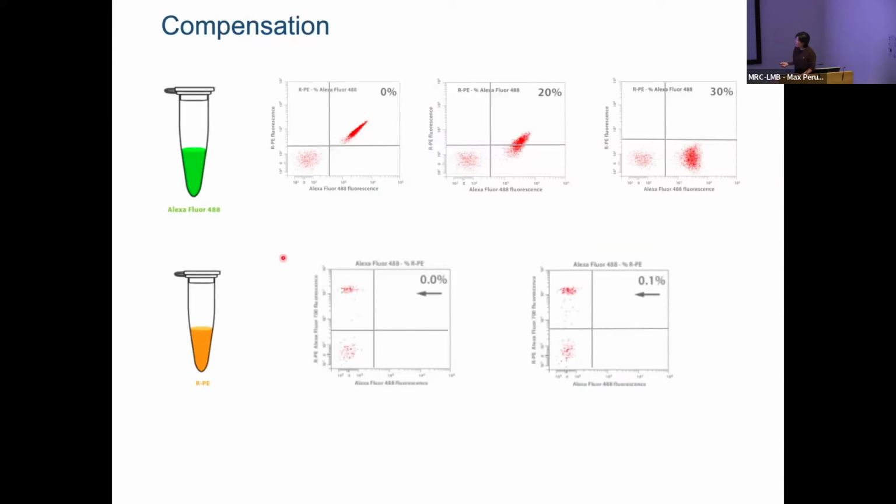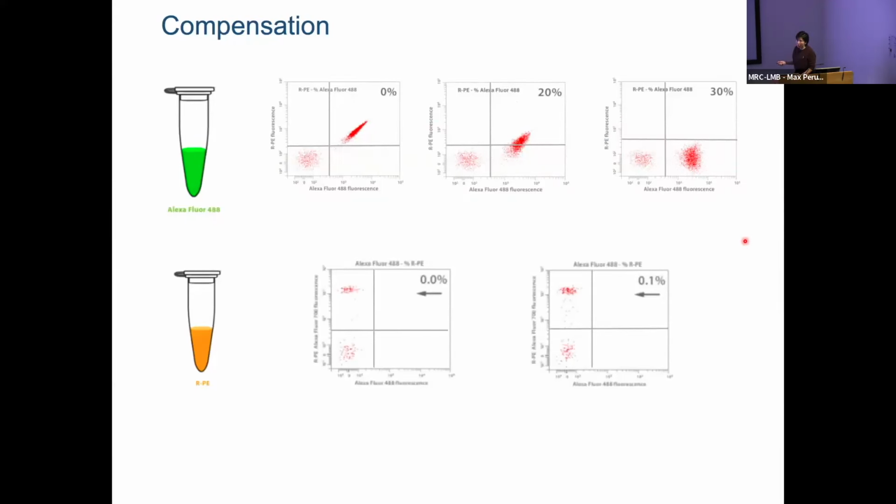For example, if we're running Alexa Fluor 488, we know it's only Alexa Fluor 488. However, if we plot the 488 against the PE, we can see the signal from 488 spilling into the PE channel. So we will need to apply a compensation calculation to correct this.